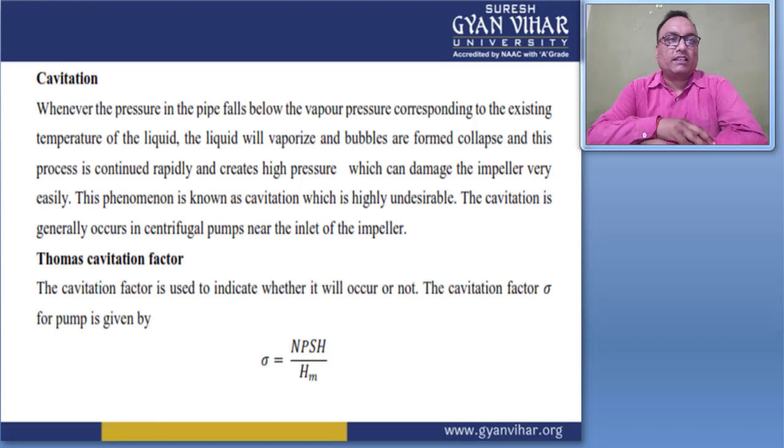Whenever the pressure in the pipe falls below the vapor pressure corresponding to the existing temperature of the liquid, the liquid vaporizes and bubbles are formed, which collapse. The process continues rapidly and creates high pressure, which can damage the impeller very easily. This phenomenon is known as cavitation.